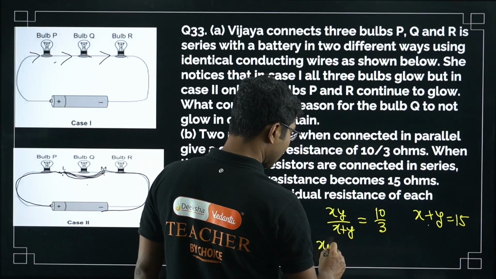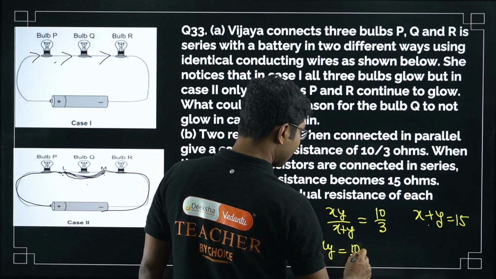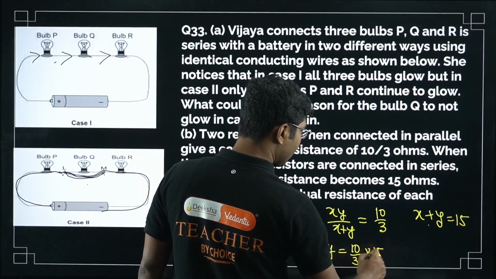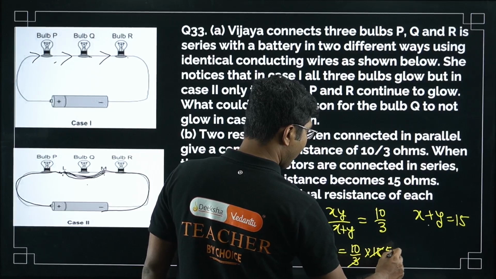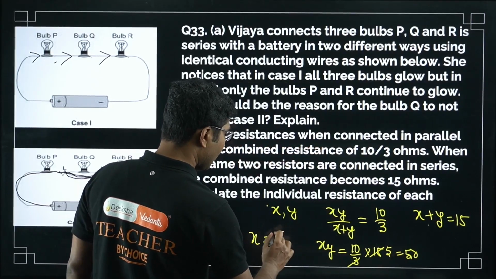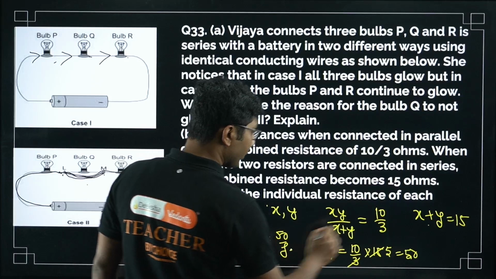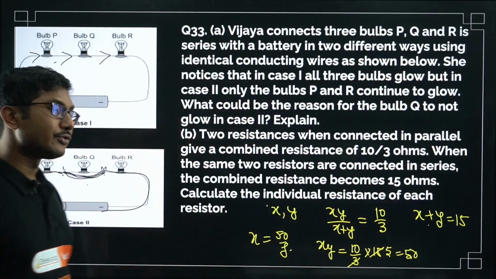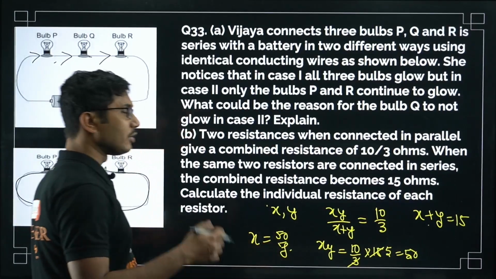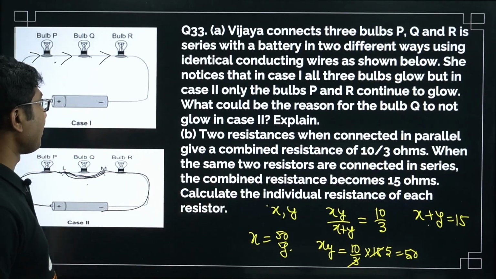So xy equals 10 by 3 into 15, that is 50. Then you take x equals 50 by y, you put it here, you get an equation, you solve it, you get the value of y. Okay, this is the mathematical way of solving it. We will solve again in our next part.